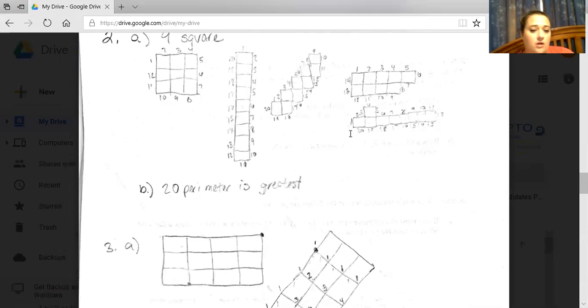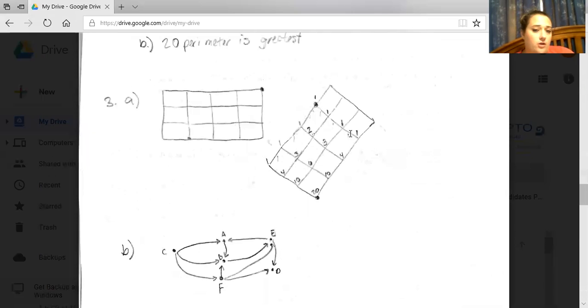On question 3, how do you get from point A to point B? How many pathways are there? This is just the Palladium theory. I can't pronounce that, I'm sorry. And basically I just turned that rectangle into a triangle and applied that method.